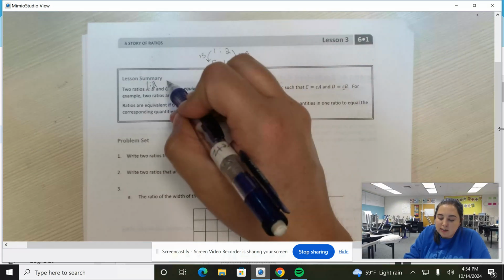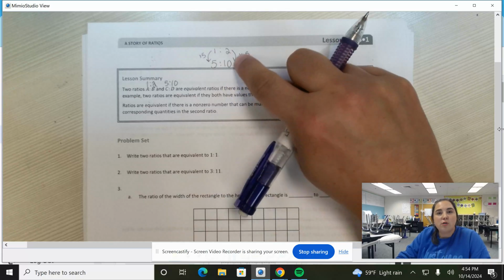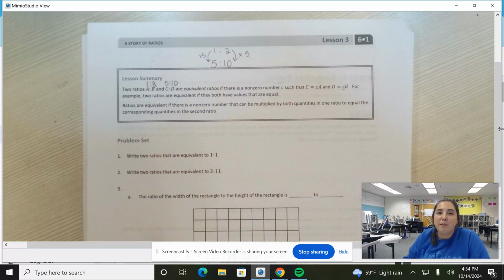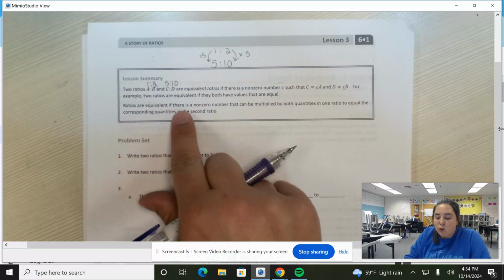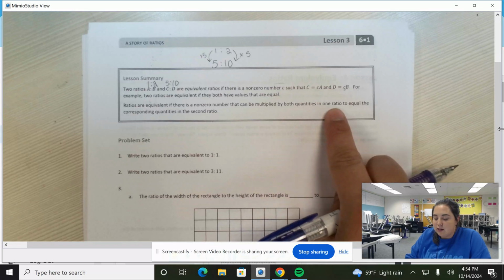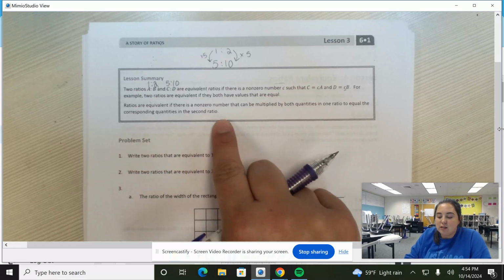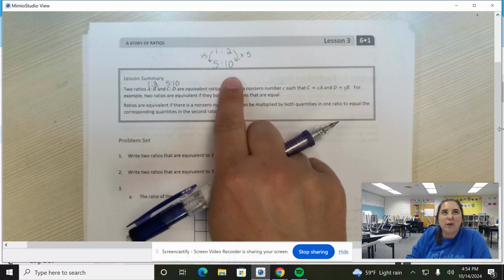So if these were my C and D, 5 and 10, these two ratios are equivalent if I multiplied them by the same factor. And it says ratios are equivalent if there is a non-zero number that can be multiplied by both quantities in one ratio to equal the corresponding quantities in the second ratio. So basically what I'm showing here.